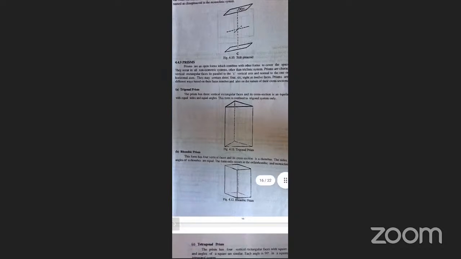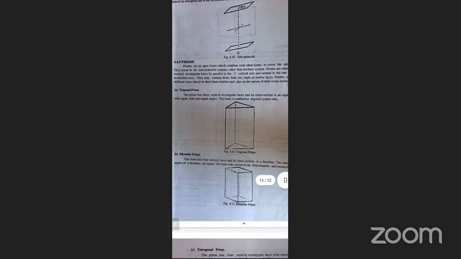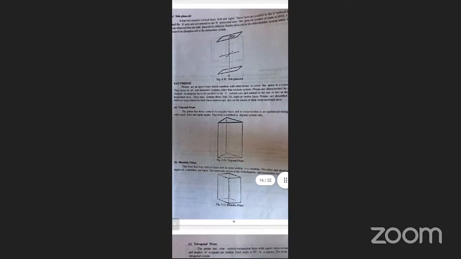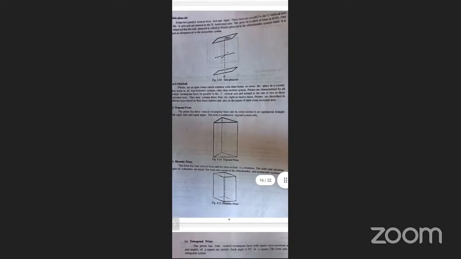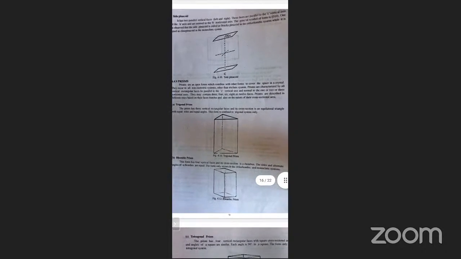Yes, some prisms we see here. The prisms are open forms, and they are combined with other forms to cover the space in a crystal. These occur in all the systems apart from the triclinic system.